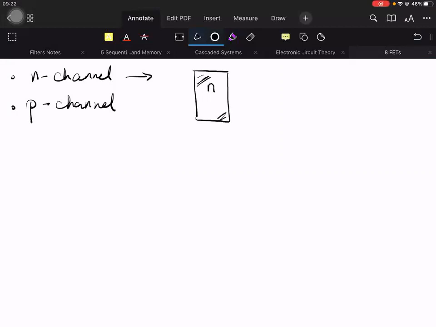And where the contact points are connected: one is connected here that will act as a terminal, and another here.